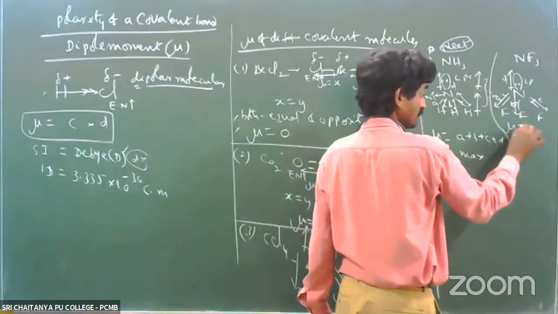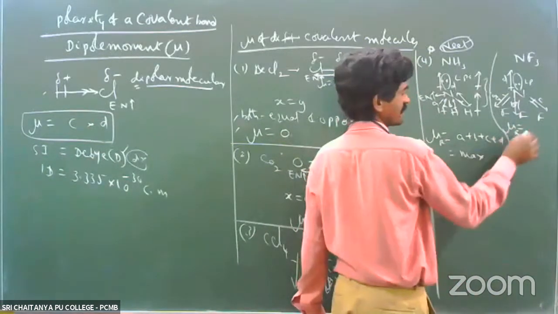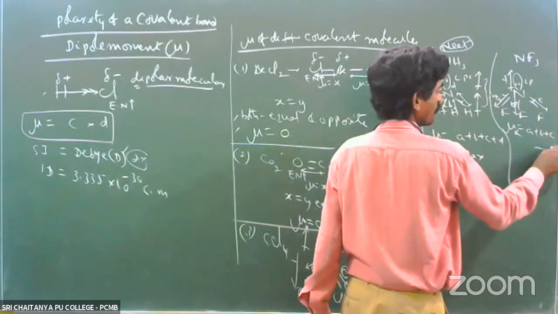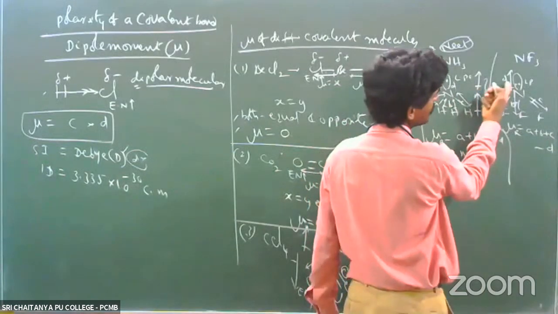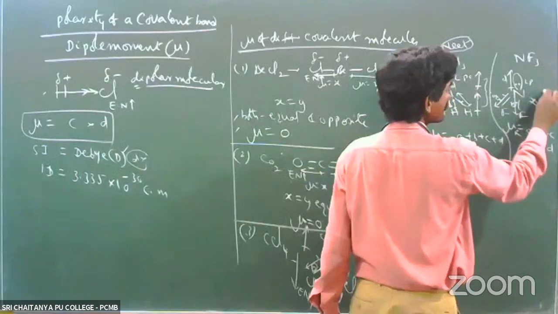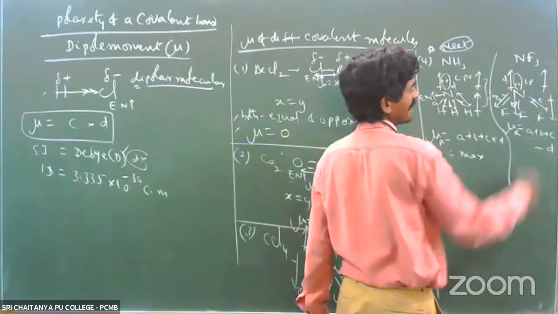Then the resultant dipole moment MR is equal to A plus B plus C minus D. Right? So this is in the opposite direction. These are all towards the fluorine, and this is towards the nitrogen due to the lone pair of electrons. Both are in opposite directions.